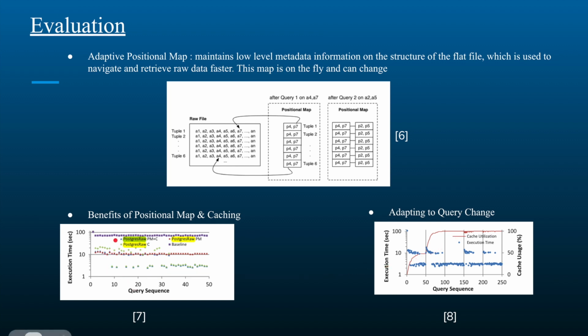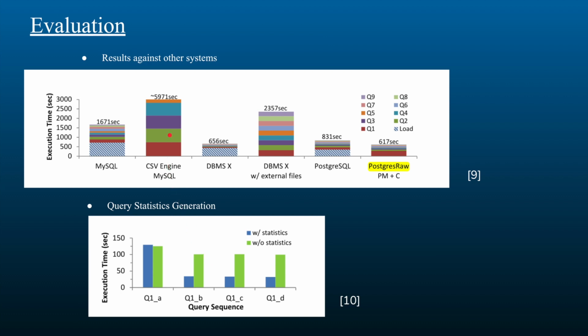If you look here, this is the baseline Postgres Raw, their NoDB solution. And this, with the triangle ones, is their solution. This is the solution with all the parameters enabled. As I said before, these two are the conventional databases. DBMS-X is pretty fast, but still not as fast as this, because it spends a lot of time on data loading.